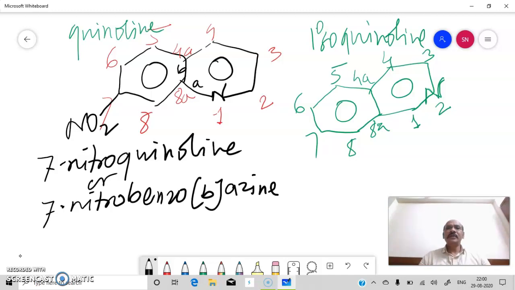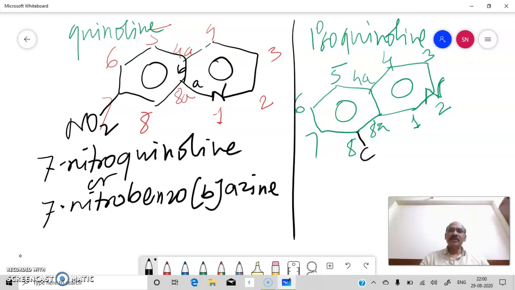Now consider another molecule, how we can name it. Now here I am writing, suppose, chlorine. Here I am writing methyl. To carbon number 4 I am writing methyl. So two substituents are there, methyl and chlorine. Alphabetically you will write chloro first.